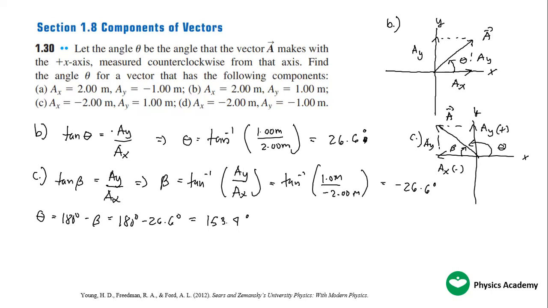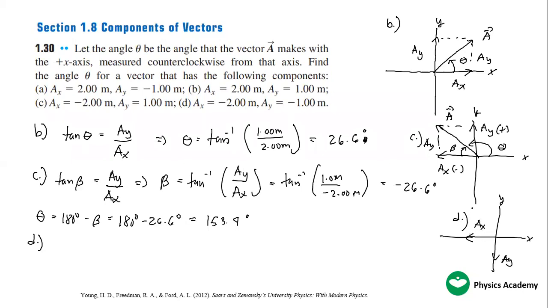Now let's go to letter D. Let's answer letter D. For letter D, let's draw this. We have an x, y coordinate. We have negative x and negative y. This is AY and this is AX.